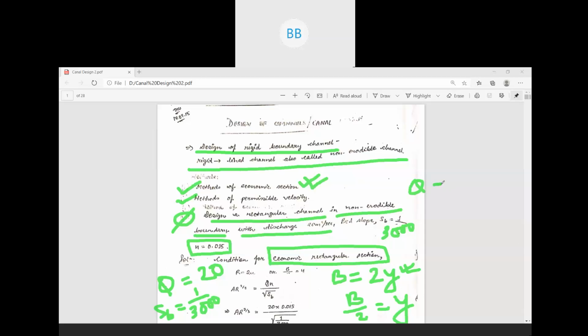Now you take discharge equal to area multiplied by velocity. Manning's coefficient is given, so in place of velocity we are going to use Manning's equation: 1 by n into r to the power 2 by 3 multiplied by S_b to the power half. This is the Manning's equation. So you can bring S_b to the power half to the left hand side.